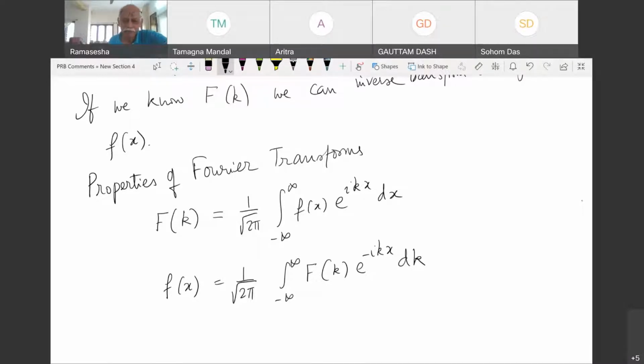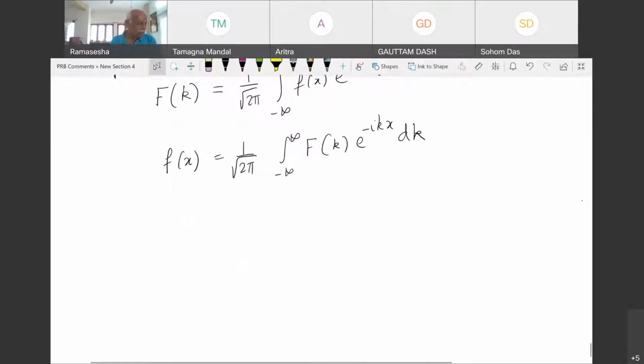Okay. Now, having said this, let us see what happens when we multiply the function by an exponential. I'll make another function. Let me call it f tilde of x equal to e to the alpha x times f of x.